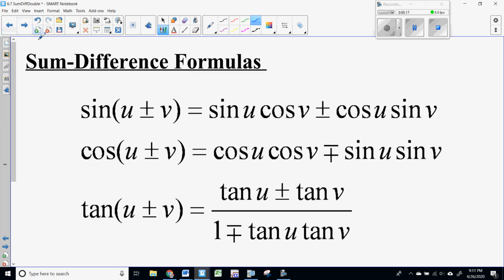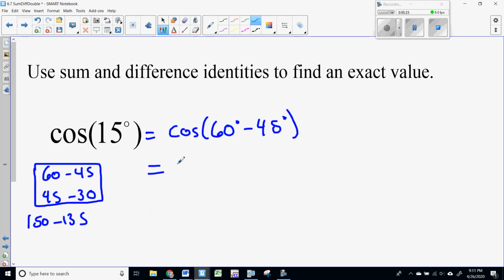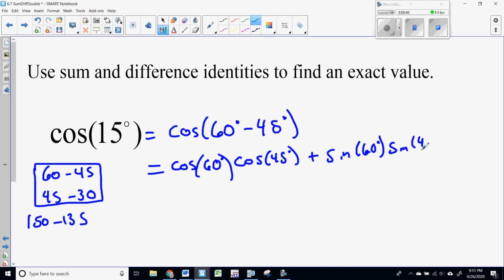Now, from our minus, it becomes a plus, cosine, cosine. So this is going to be cosine of 60, cosine of 45. It's a minus, so it becomes a plus, sine of 60, sine of 45. From our unit circle, cosine of 60 is 1/2.